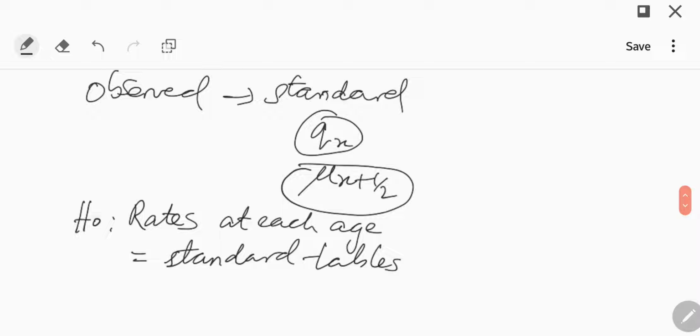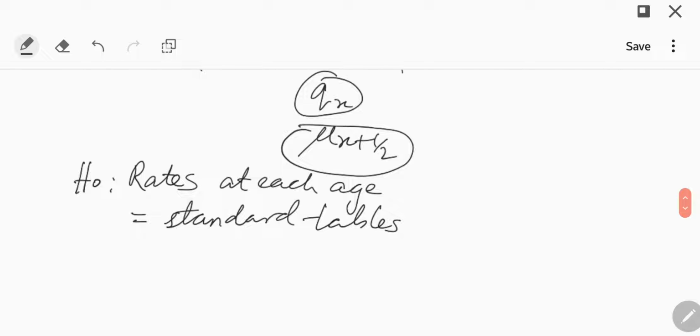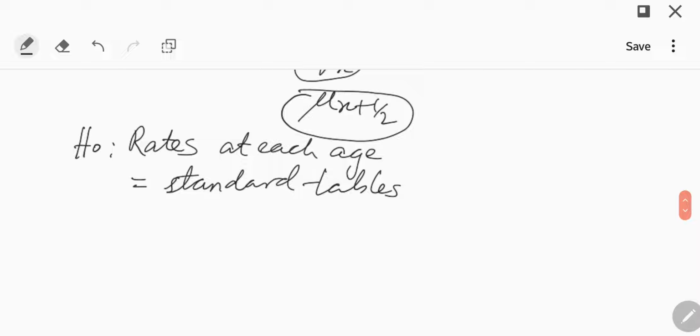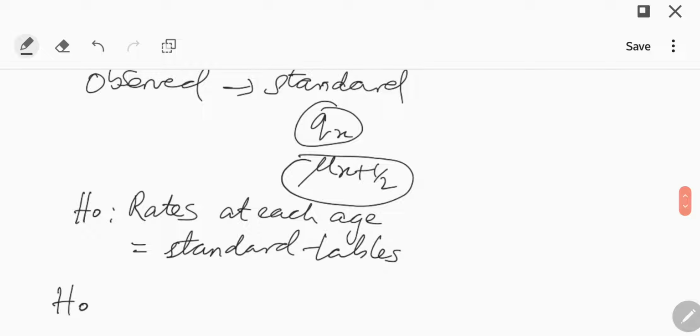Sometimes we like to test the fitness of the actuals to the graduated rates. If so, I may look at it with respect to, so these are standard tables for qx. This is the standard table.